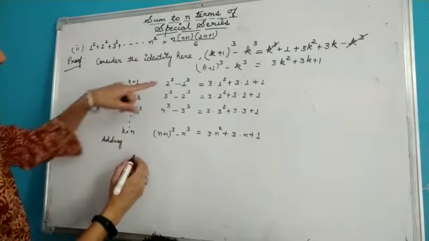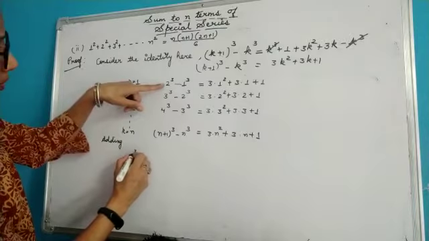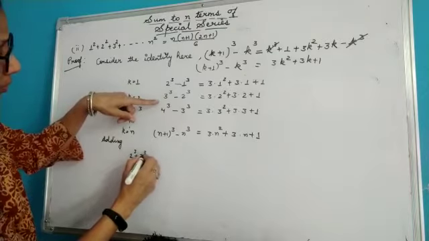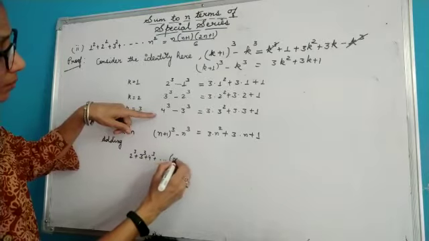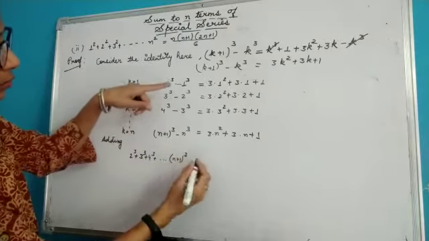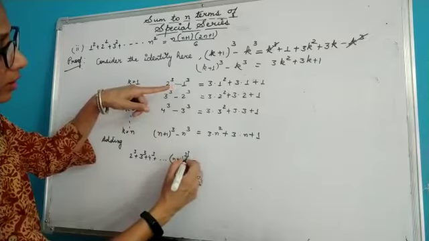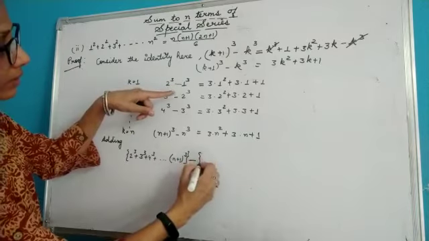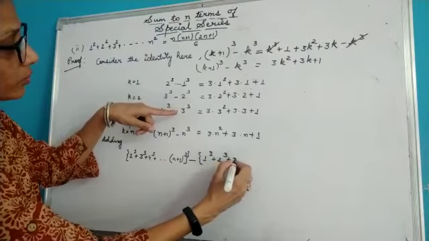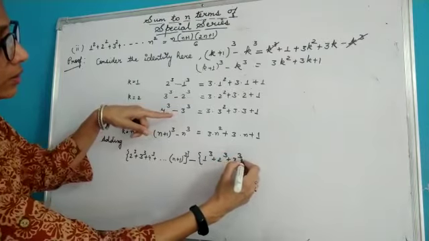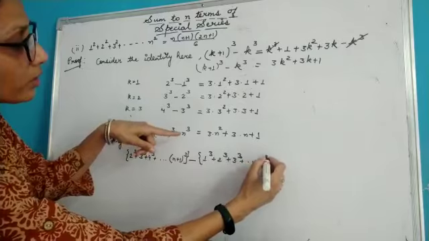So I'll be getting it as 2 cube plus 3 cube plus 4 cube and so on up till n plus 1 cube. This is one side, minus I am taking common, and then I will be getting it as 1 cube plus 2 cube plus 3 cube plus so on till n cube.